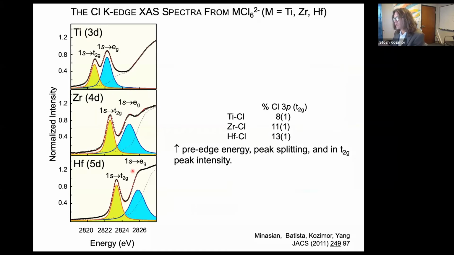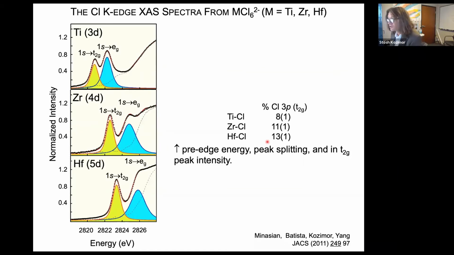That's consistent with what you'd expect for those relative 3d, 4d, and 5d final states. We can't quantify the amount of covalency in the sigma bond for each one of these compounds, because as you can see in hafnium and zirconium, that transition starts to walk into the white line, but we can evaluate the pi mixing. And we can see that the pi mixing seems to be increasing as you go down the periodic table.